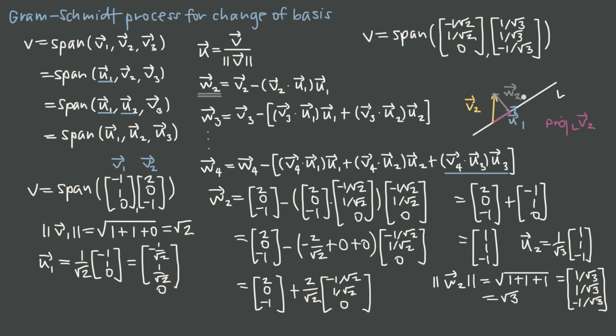And the whole idea is that we know that u1 lies in the subspace v because it has exactly the same direction as v1. It's just a different length. So we know for a fact that u1 is in the subspace v. And we know that v2 is in the subspace v because, of course, we're defining the subspace v with v2. We're using it to define v.